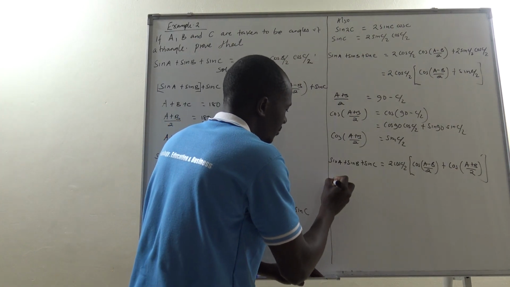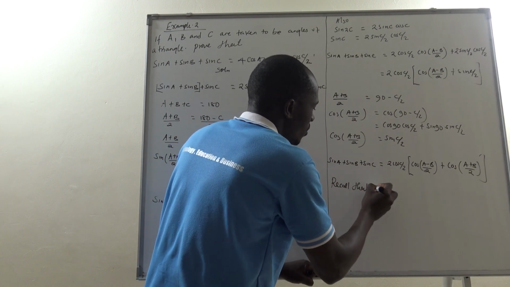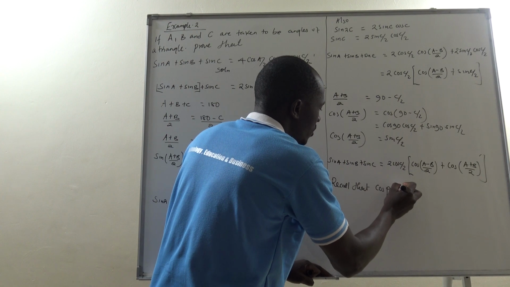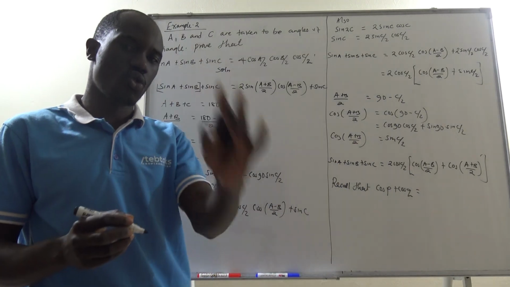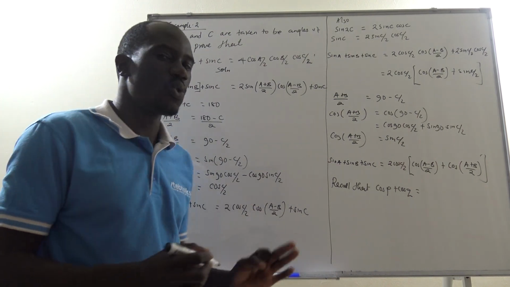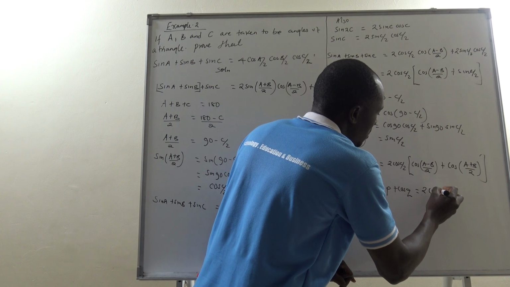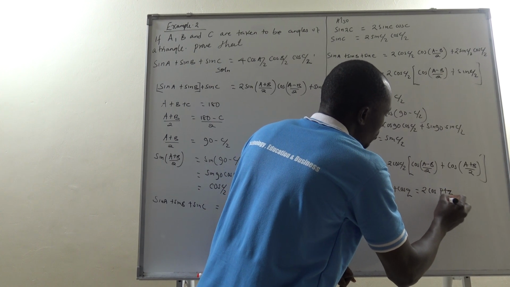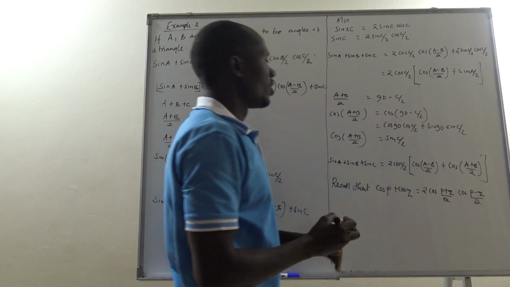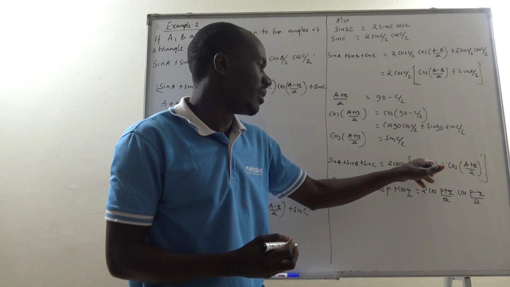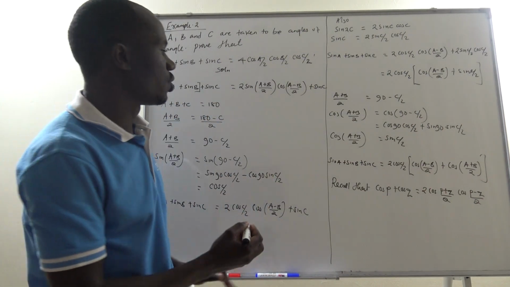Recall that cos P plus cos Q was given as what? The factor formula of cos plus cos is the same as 2 cos cos. So it is 2 cos of P plus Q by 2 into cos of P minus Q by 2. So we are taking A minus B by 2 as P and A plus B by 2 as Q, and substituting in that.